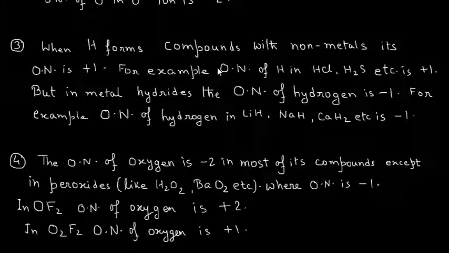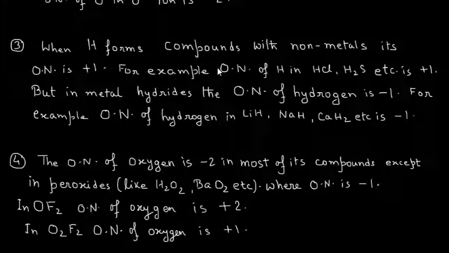So the oxidation number of hydrogen in HCl, H2S, etc. is +1. But in metal hydrides, the oxidation number of hydrogen is -1. For example, in lithium hydride, sodium hydride or calcium hydride, etc. it is -1. So you have to remember this.